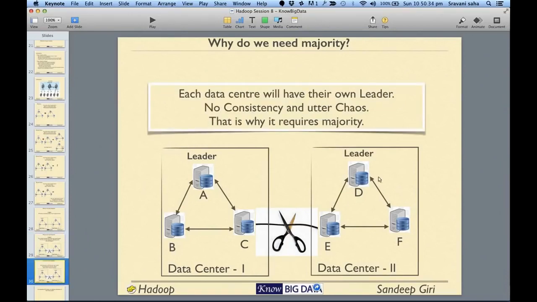There are now 2 leaders accepting the writes from various clients. Some writes are going to this leader, some writes are going to the other leader. The whole premise of consistency failed pathetically. Why? Because there are now 2 leaders. And why are there 2 leaders? Because we allowed the 2 partitions of our network to choose their leader. Right?